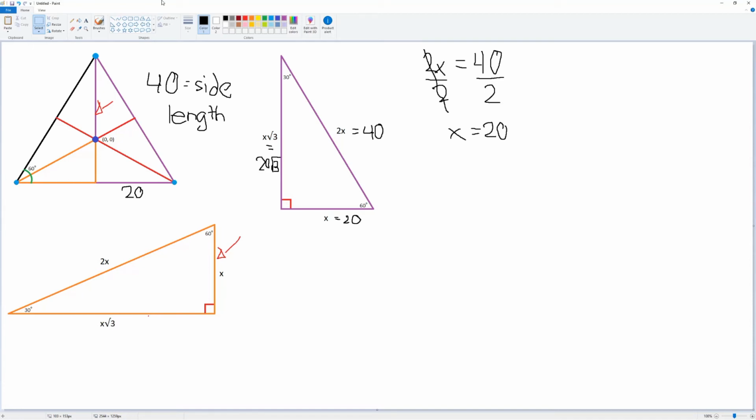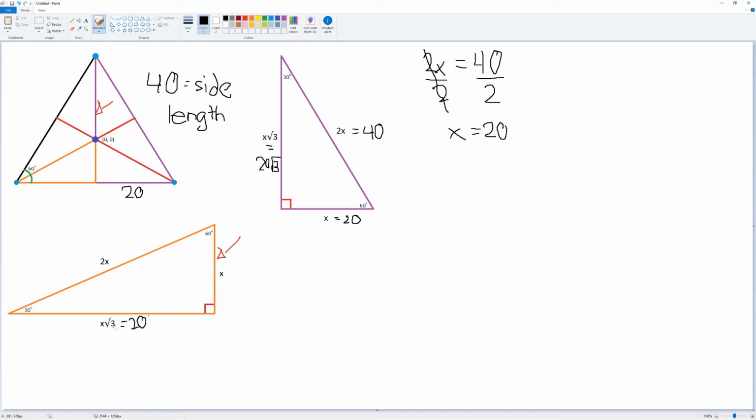So this x rad 3 in this tinier triangle, it looks the same because we just zoomed them out. This is still equal to 20. So x rad 3 for this triangle is equal to 20. We don't even need to know what 2x is over here. We're not bothered by that. We don't have any issue in knowing what this side length is going to be. But we do want to know, what is this going to end up being?